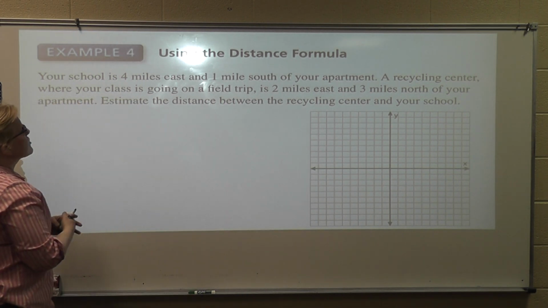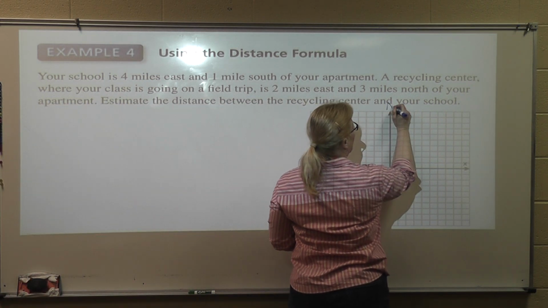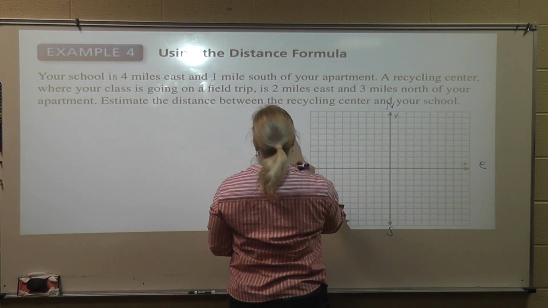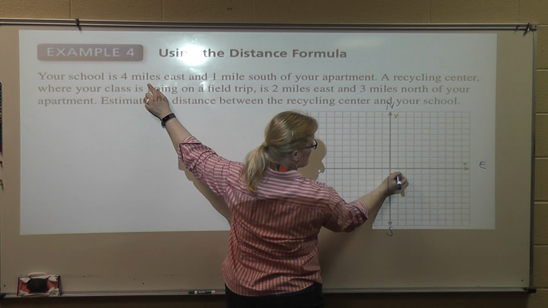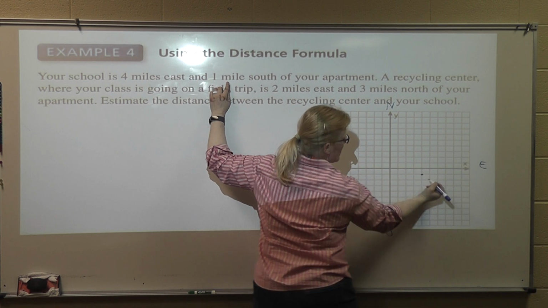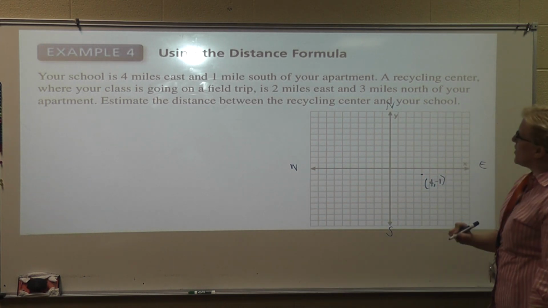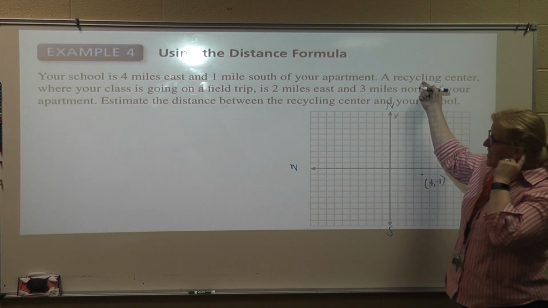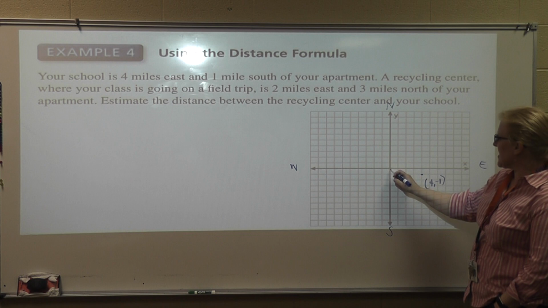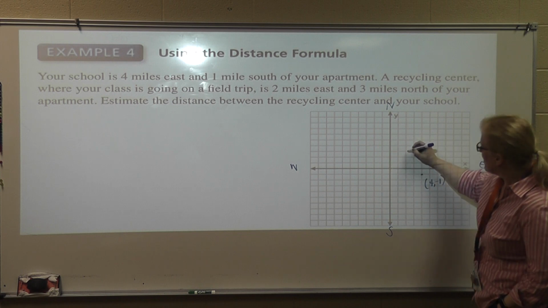All right, so your school is 4 miles east. So north, south, east, west. So we're going to go 4 miles east, 1, 2, 3, 4, and 1 mile south. So that is (4, -1). A recycling center where your class is going on a field trip is 2 miles east, okay, and 3 miles north. 1, 2, 3.